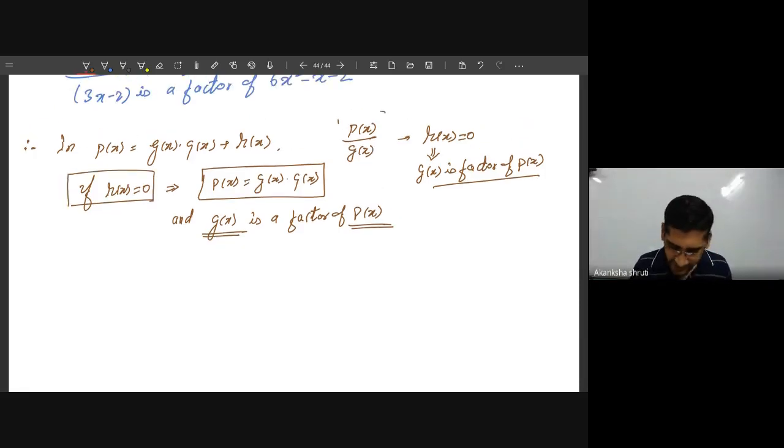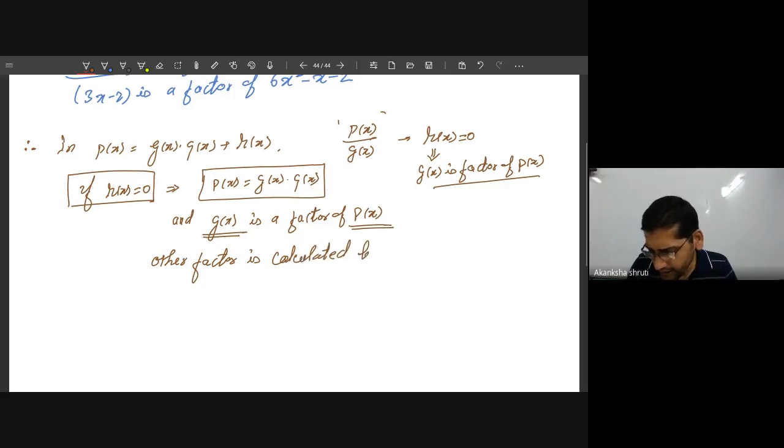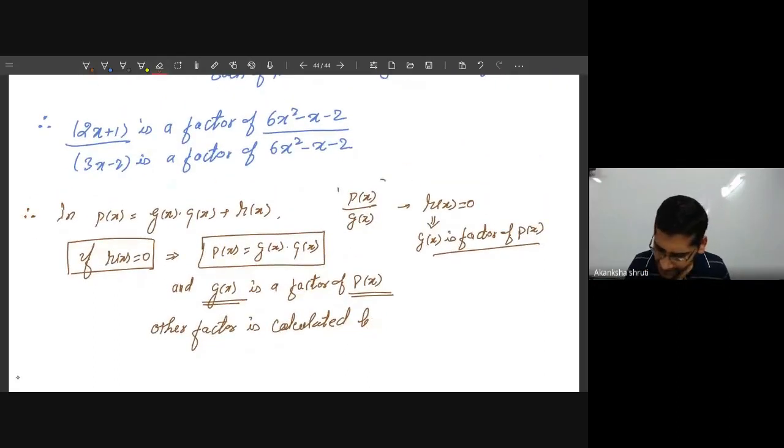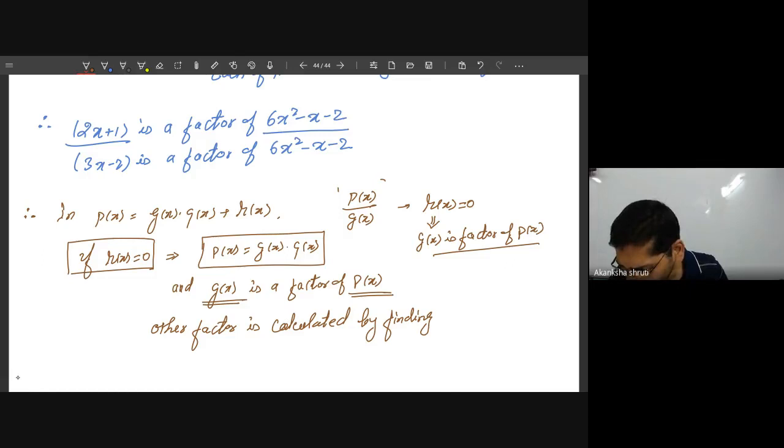So this way, whether g(x) is a factor of p(x) or not can be found by just dividing. If the remainder is coming as 0, then only it will be a factor. And how to calculate the other factor? The other factor is calculated by finding the quotient q(x). The quotient is the other factor that we have seen. Student, this is what we have learned.